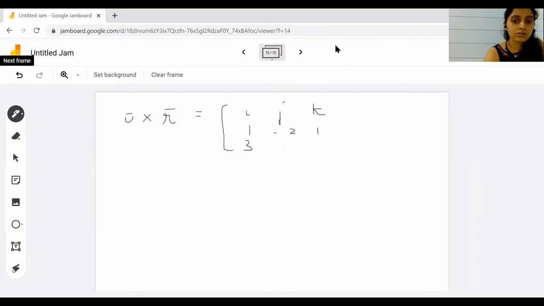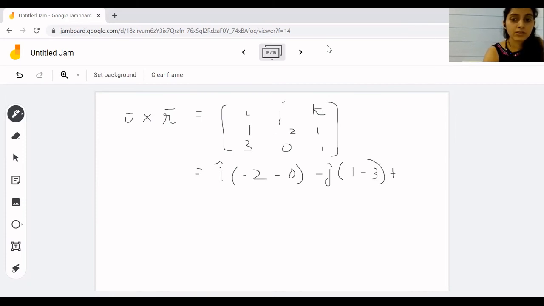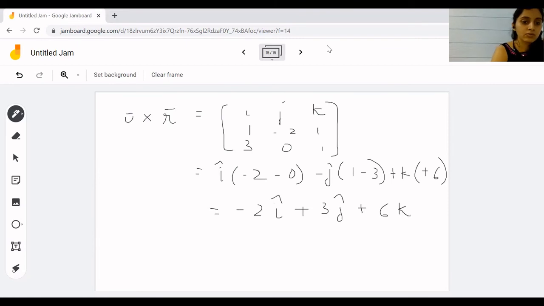So this is i cap multiplied by minus 2 minus 0, minus j multiplied by 1 minus 3, plus k multiplied by 0 plus 6.